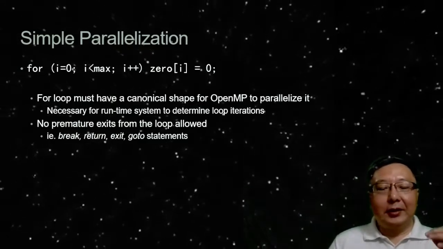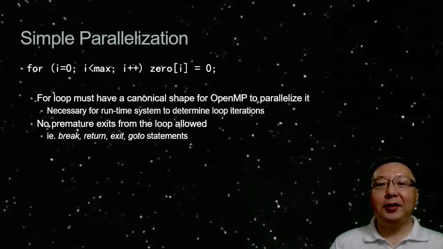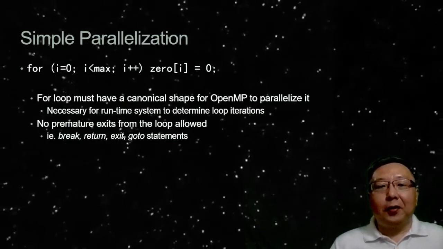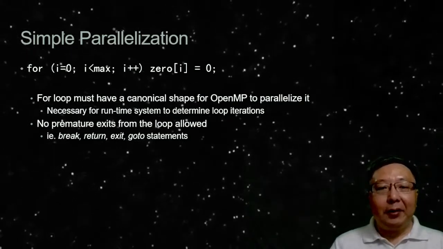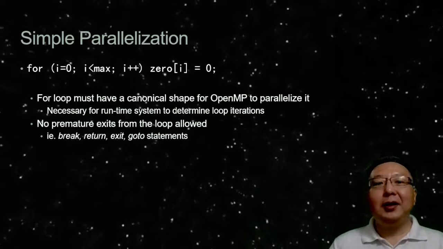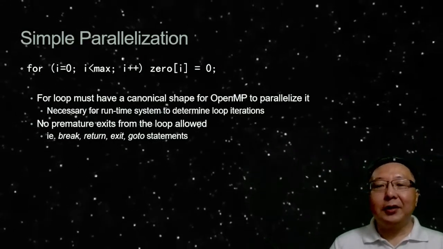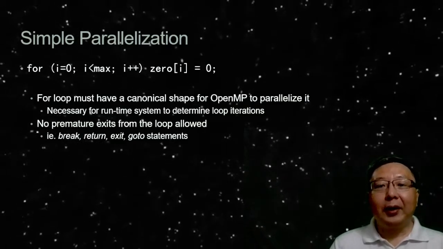So the simplest and most common parallelization found in OpenMP is when you have a for loop. If you have an integer for loop, then OpenMP makes the parallelization really easy. This is when it has what it calls a canonical shape for OpenMP to parallelize.